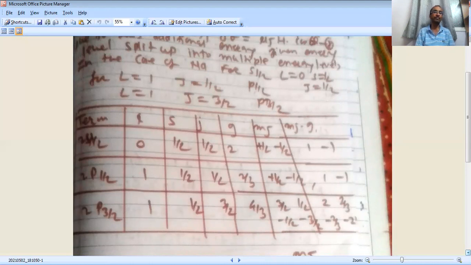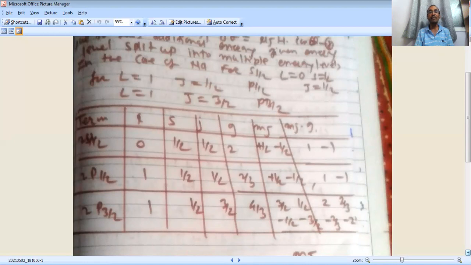Now very simple. Second row, 2P 1 half, that is the excited state of the electron, L equal to 1, because the electron jumps from the S subshell to the P subshell. S equal to again 1 half, J equal to 1 half, then g equal to, from the calculation of the Lande g factor, 2 by 3.